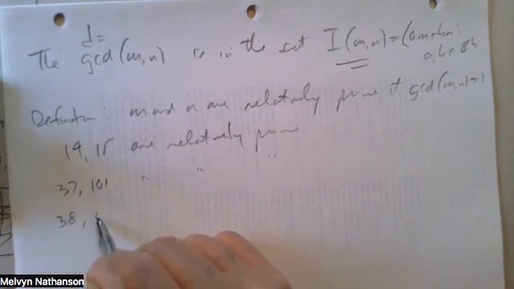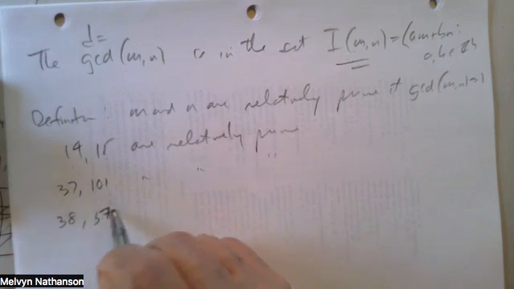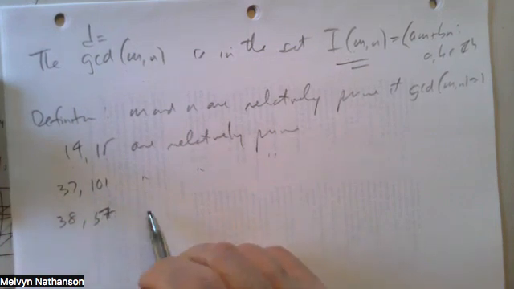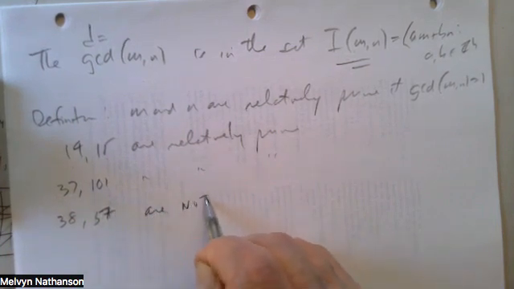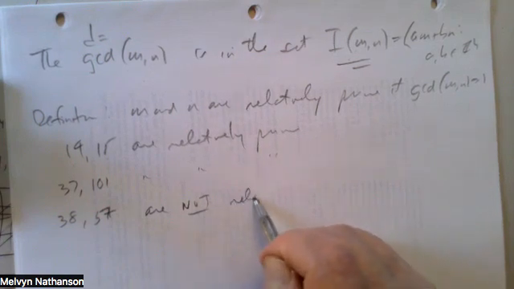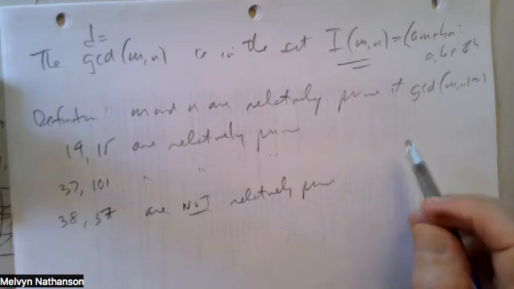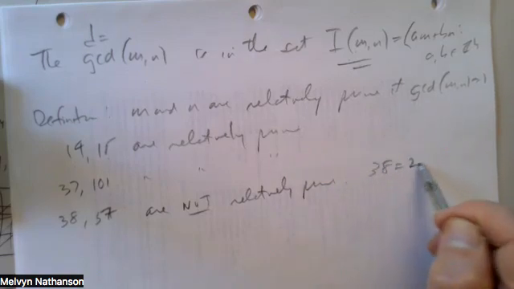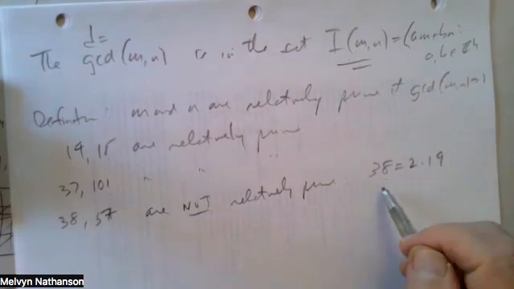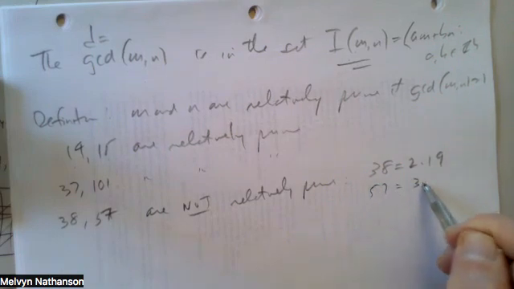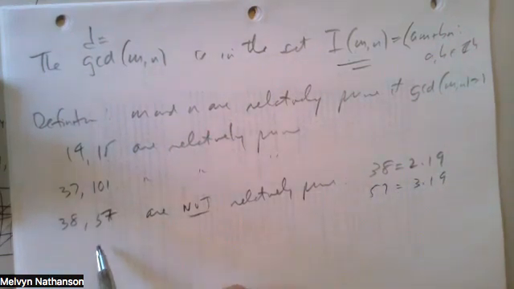38 and 57 are not relatively prime. Why is that? Because 38 is 2 times 19. 57 is 3 times 19.